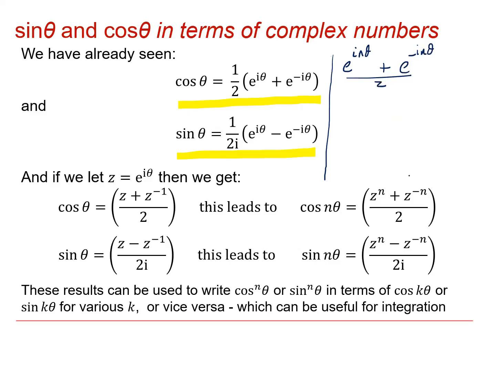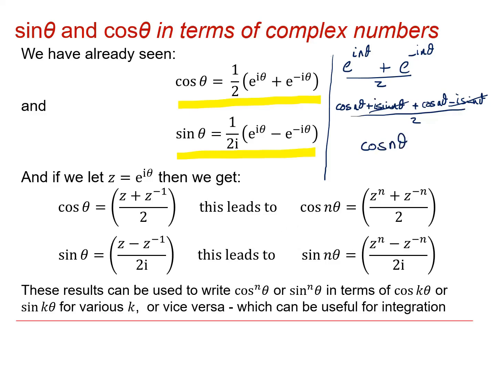So if we have a look at the whole lot over 2, then this thing is cos n theta plus i sine n theta, plus cos n theta minus i sine n theta, and the whole lot is over 2. Well, these two bits cancel, the i sine n theta and the minus i sine n theta, so this really does give me cos n theta.